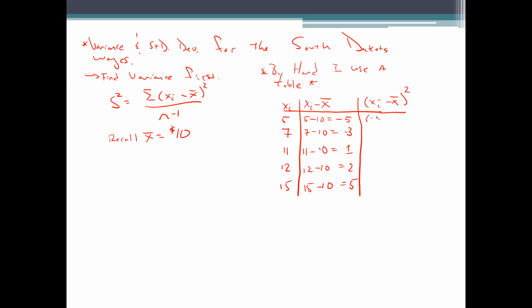Minus 5 squared is minus 5 times minus 5, which is positive 25. Minus 3 squared gets me 9. 1 squared gets me 1. 2 squared gets me 4. And 5 squared again gets me 25.